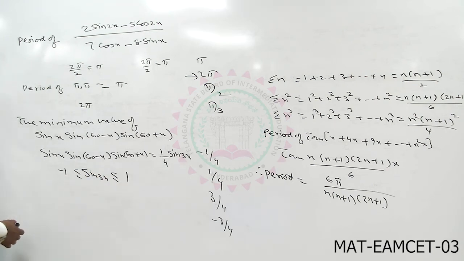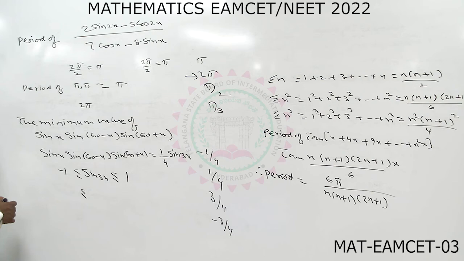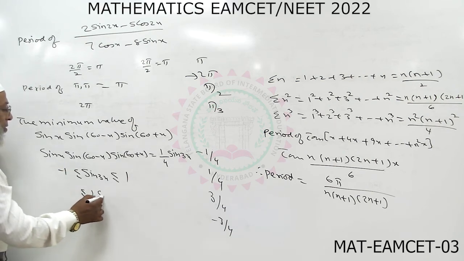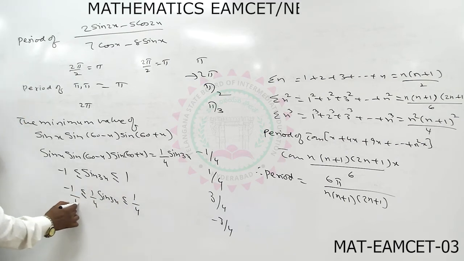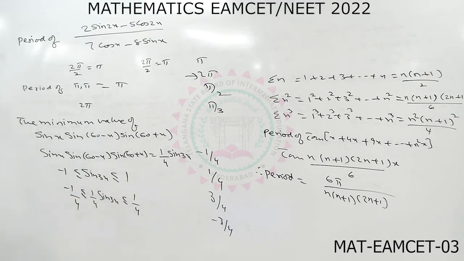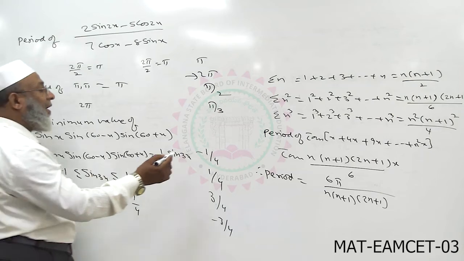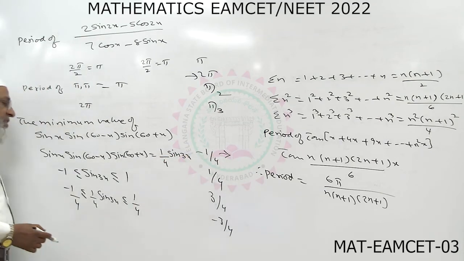Therefore, 1 by 4 sin 3x lies between plus 1 by 4 and minus 1 by 4. So, what is the minimum value? Minus 1 by 4, and the maximum value is plus 1 by 4.